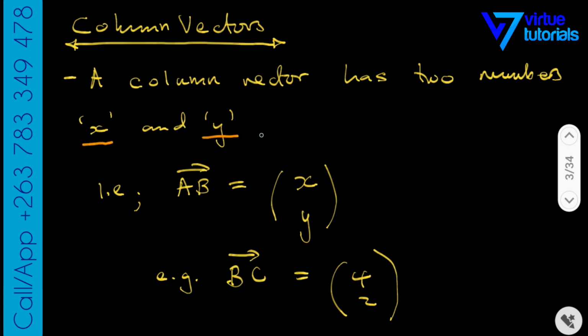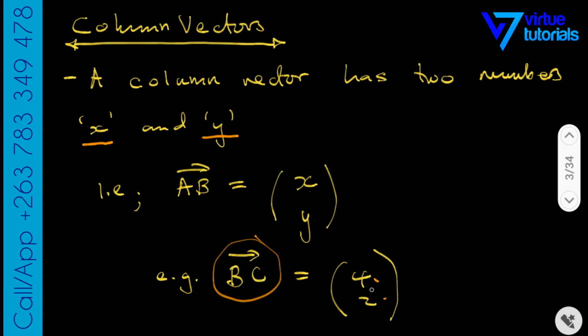These will be real numbers, perhaps 2, 3, minus 1 and 7, etc. Any pair of numbers. So vector AB will have two numbers x and y. So for example, we can have a vector BC having two numbers 4, 2. 4, 2 is a full description of how you're moving from B to C.